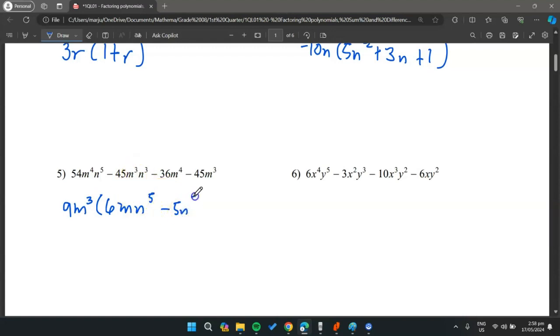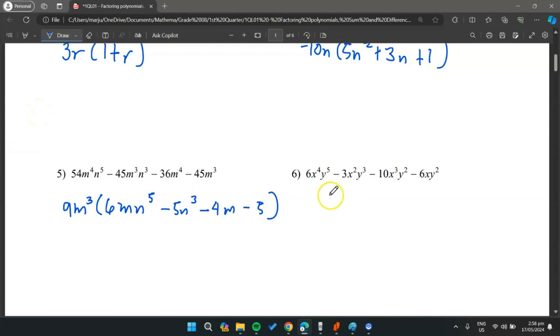We have n cubed remaining and then minus 9, negative 36. That should give us 4. And again, this is m to the 4th power minus 3. So that should give us m and then minus 5. So this will be our answer now.